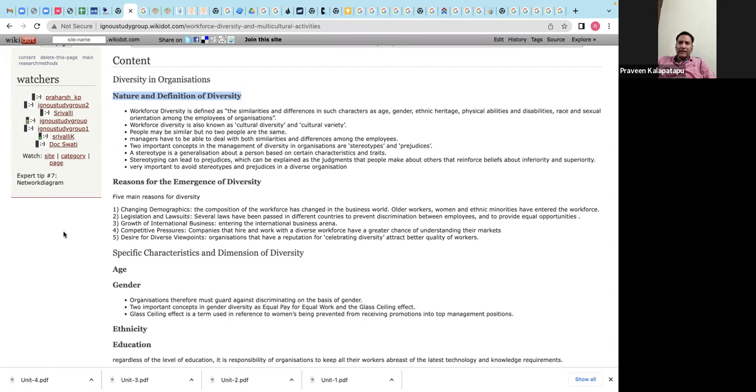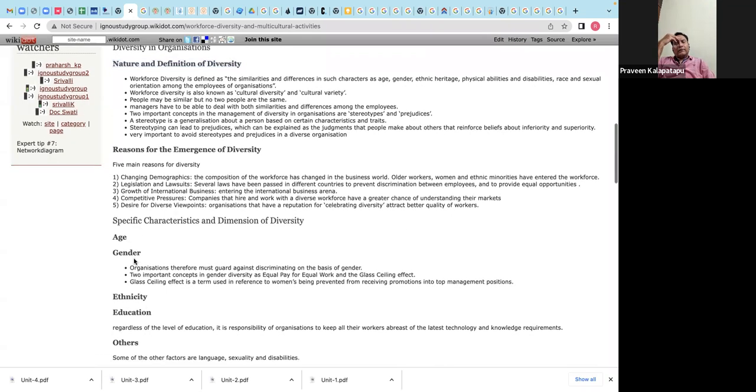There are two concepts when it comes to diversity which managers need to be aware of. The first concept is stereotype. We read about it in the other unit as well, in the cross cultural training aspect, right? Stereotype is a generalization of things.